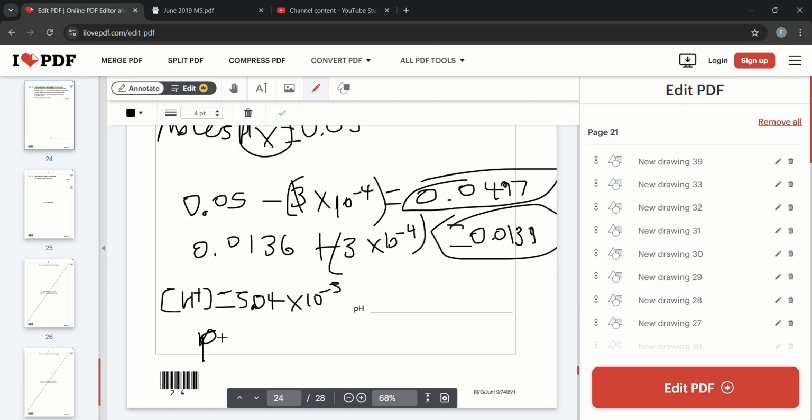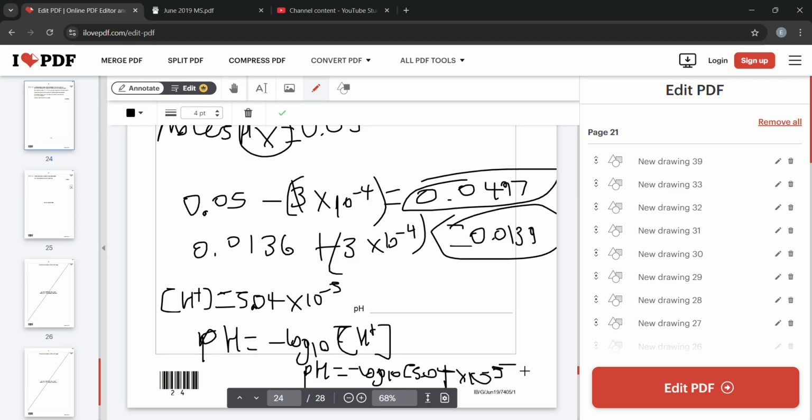Therefore pH equals minus log10 of H plus. pH equals minus log10 of 5.04 times 10 to the power minus 5.